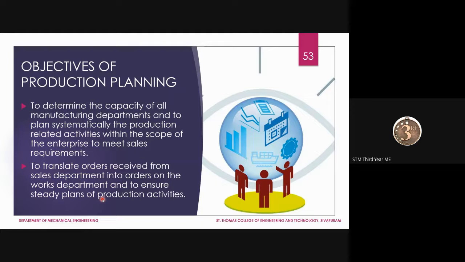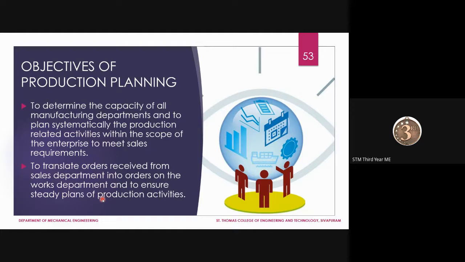And that is based on the sales demand. If the sales demand is high, obviously the work departments have to perform a significantly higher amount of production processes to ensure higher productivity.